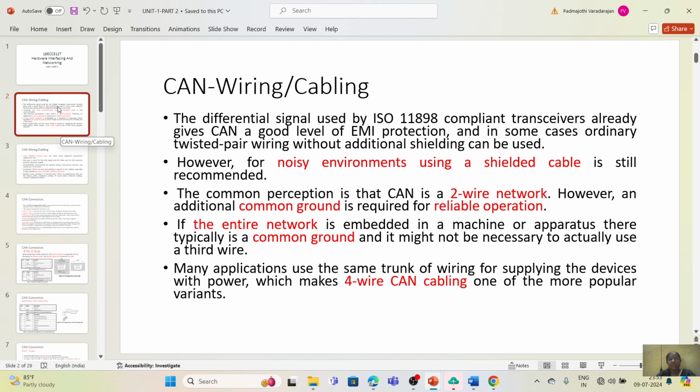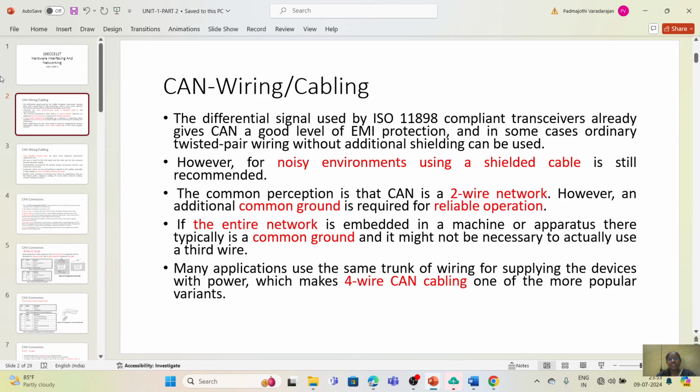The differential signal used by ISO 11898 compliant transceivers already gives CAN a good level of electromagnetic interference protection. In some cases, ordinary twisted pair wiring without additional shielding can be used. There is a common perception that CAN is a two-wire network.